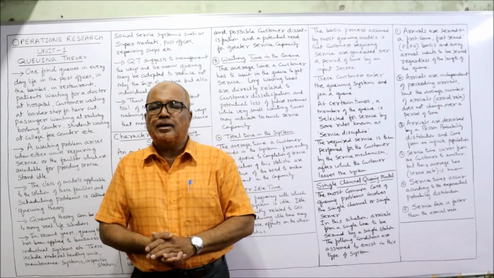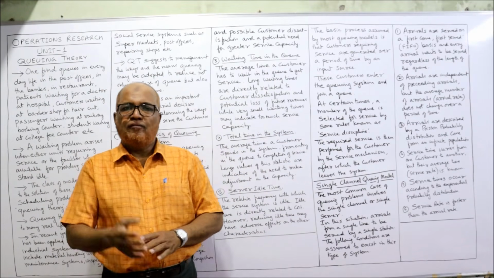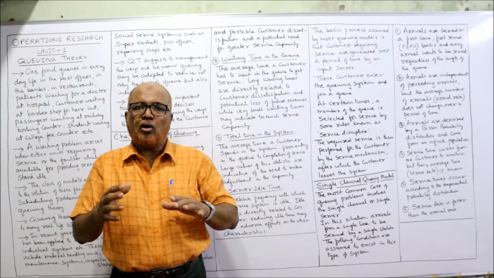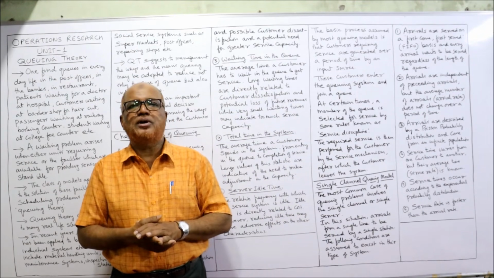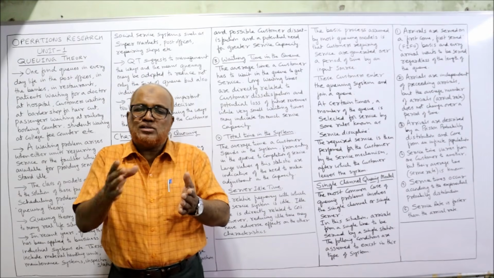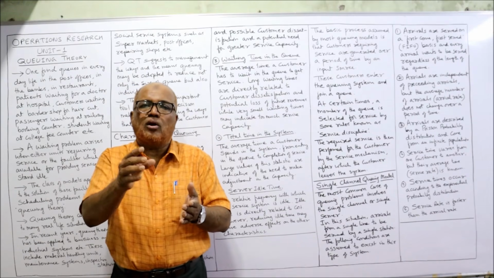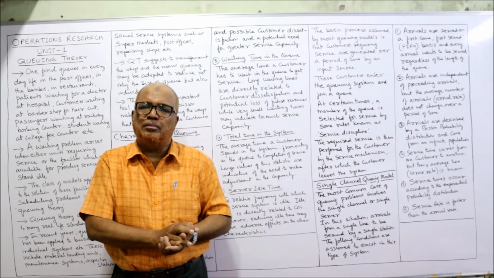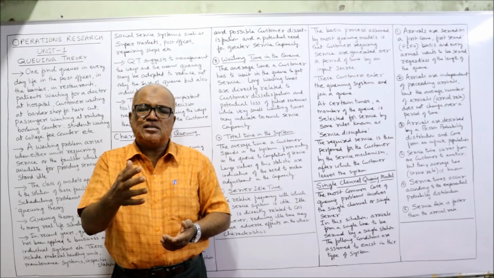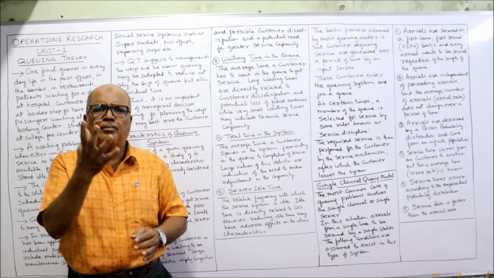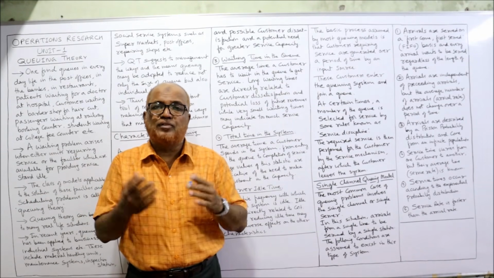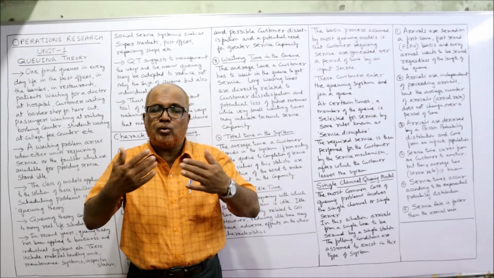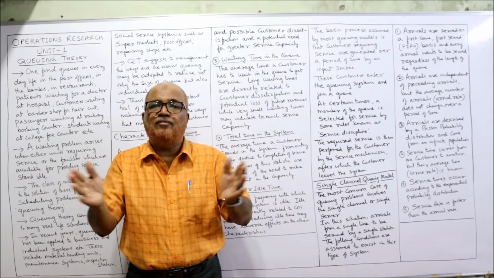For example, in the case of a doctor, when a patient comes, the doctor has to diagnose and listen to the problems of the patient. It will take some time. Some patients are there to whom the doctor can give the diagnosis and prescription in only 3 minutes, whereas other patients he may take 10 minutes, some patients 15 minutes. So the time given to each patient will differ.